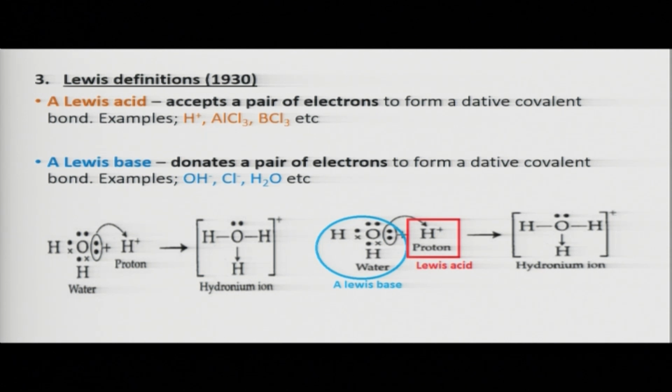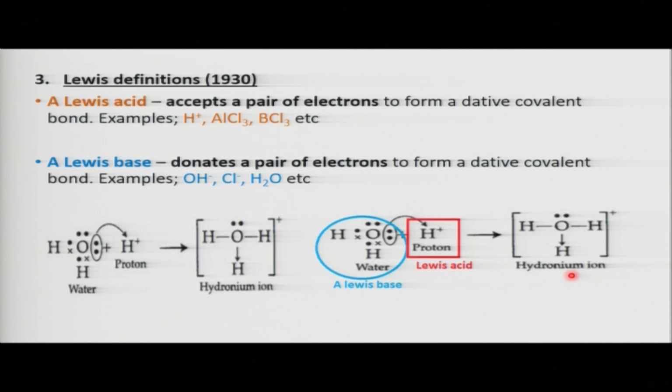So, about 7 years after the Bronsted-Lowry had stated their theory, he also came up with his own because he found some things which are tricky. For instance, he said, you've noticed that when you bring hydrogen ion into water, the water donates a pair of electrons to form hydronium ion.